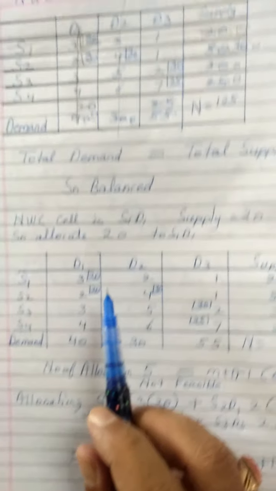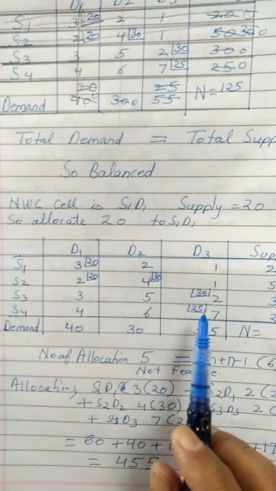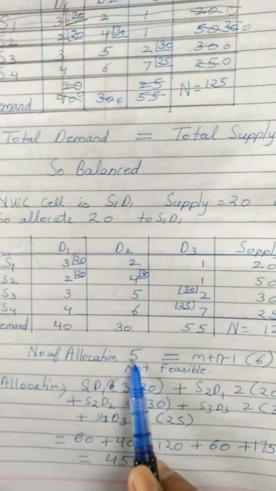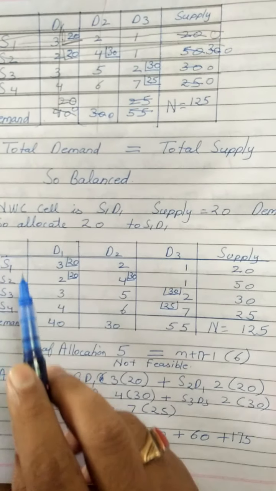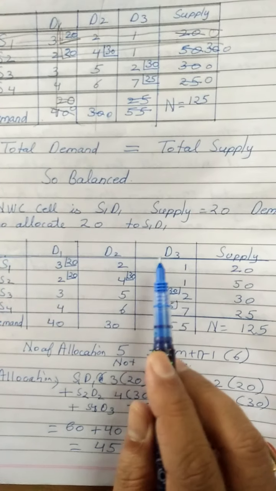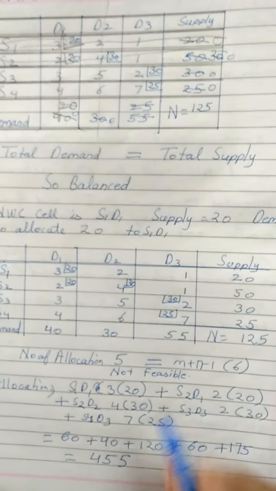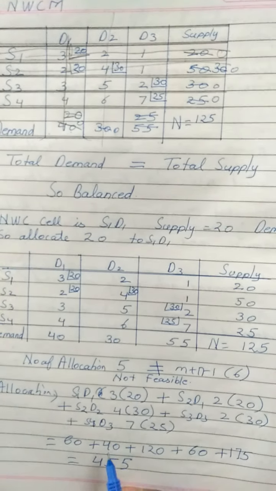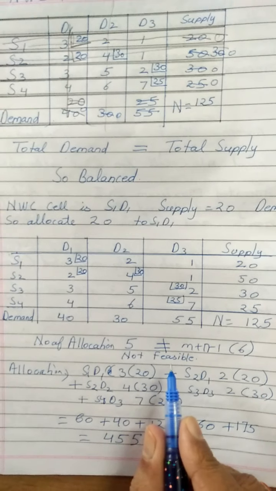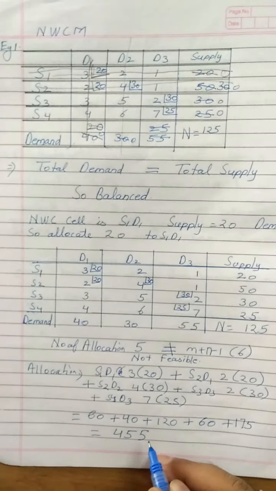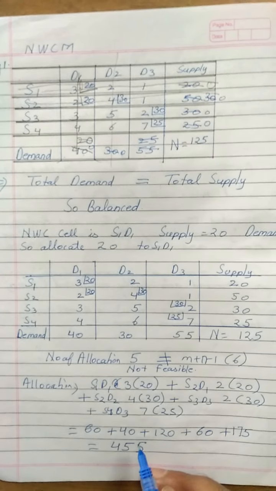Now as we count the number of allocations, this is 1, 2, 3, 4, 5. The number of allocations is 5. Now to be feasible we require m plus n minus 1. This is 4 plus 3 minus 1. It becomes 6. That means both are not equal. So we can say that the solution is not feasible. So even though the answer is 455, the solution is not feasible.